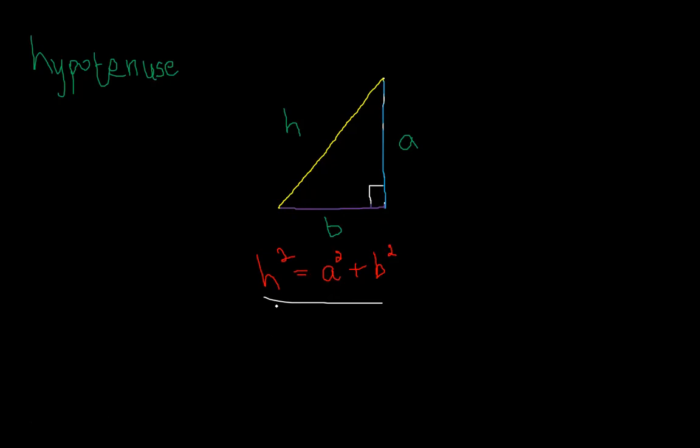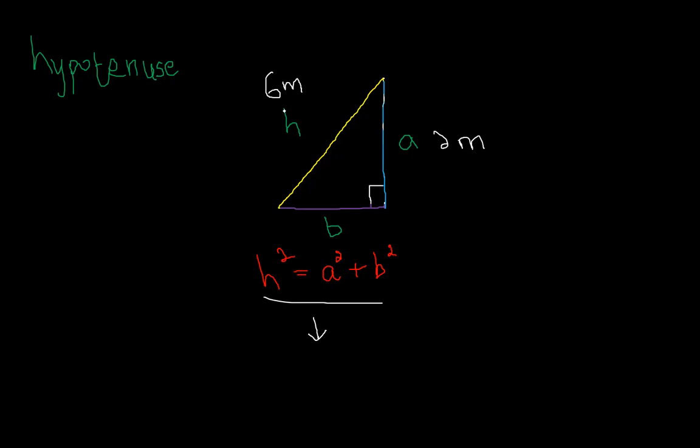So say they told me the hypotenuse was 3 meters. Actually, no, that makes no sense because the hypotenuse should be longer. So let's say this is 6 and this is 2 meters. Looking at this formula, all I have to do is substitute the values.